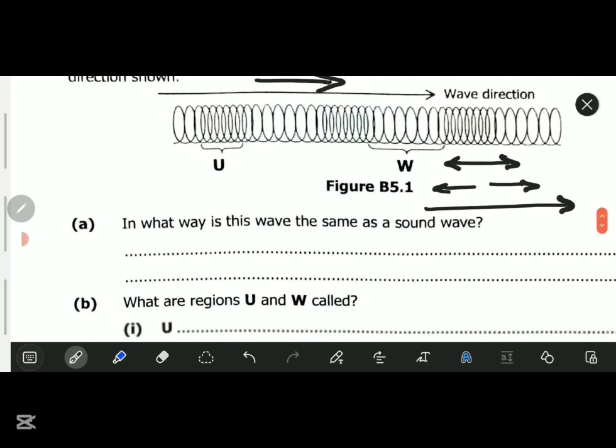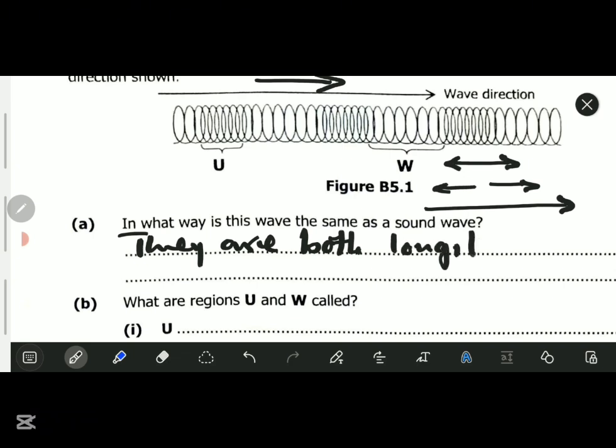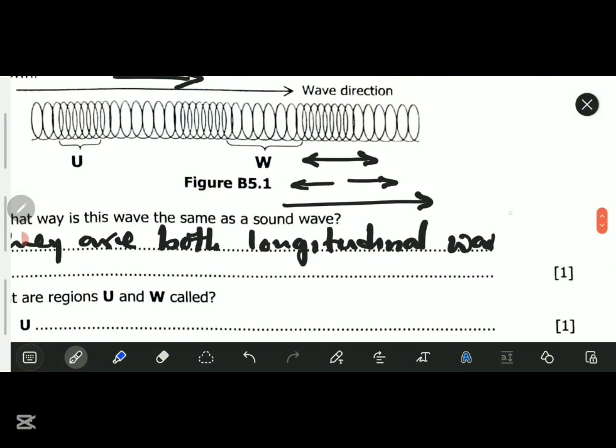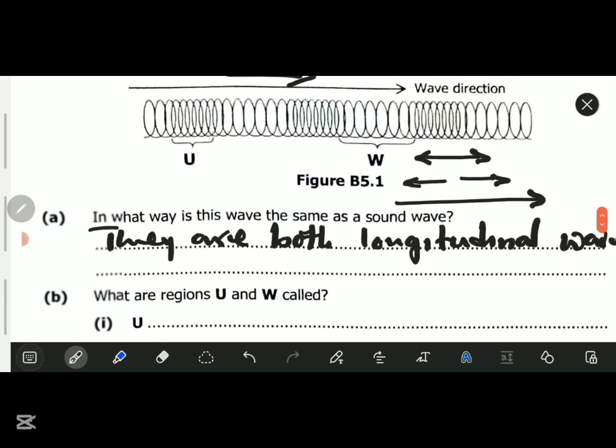So one way in which the two waves, sound and the wave moving in that spring, are the same is that they are both longitudinal waves.